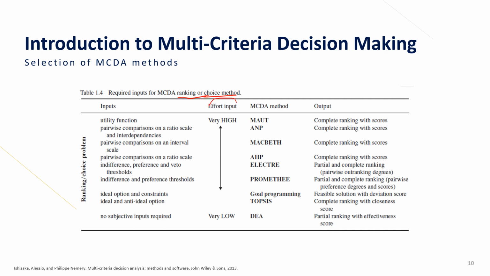The effort for input here is ordered from high to low, and the output shows what kind of output is expected. For example, AHP is perhaps in the middle because it asks you to provide pairwise comparisons on a ratio scale, and then the output will be a complete ranking with scores of those alternatives.